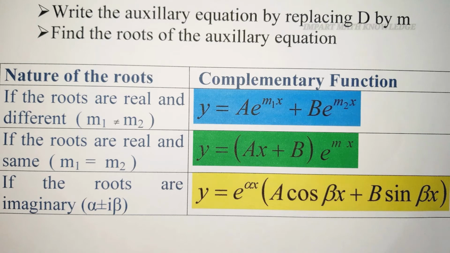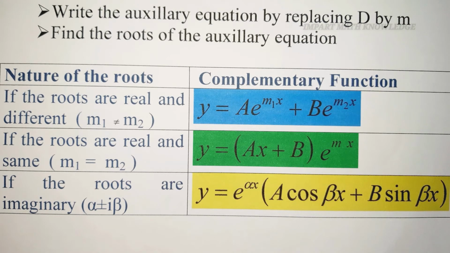If the roots are real and different, then the complementary function is y is equal to a e power m1x plus b e power m2x. If the roots are real and same, in this case, complementary function is y is equal to ax plus b e power mx.